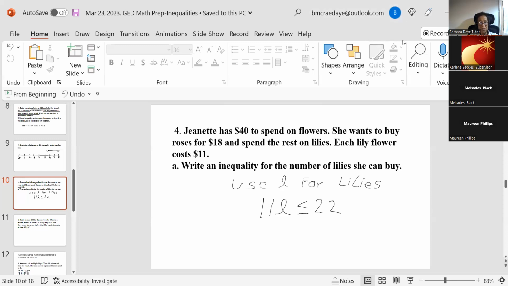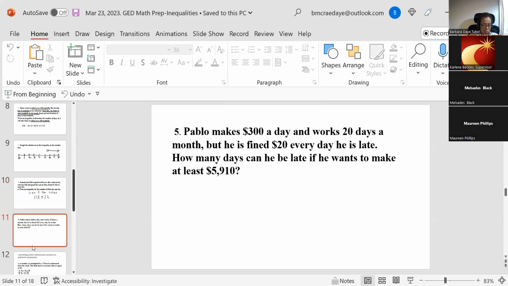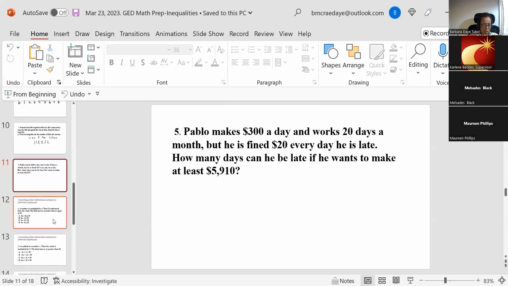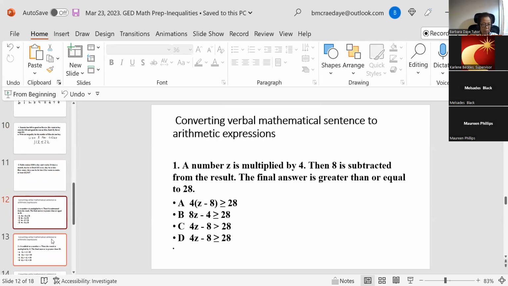Quiz. Most of them will just be the inequalities, but you'll have some with translating the verbals to the math with an inequality, right? And just to show you, let's see if I have, okay.